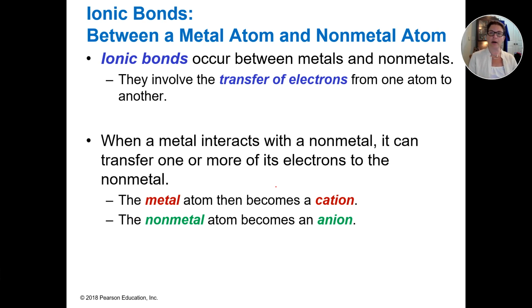So when ionic bonds come together, a metal, it's always the metal, gives up the electron, and therefore it becomes positively charged, and we call that a cation. Nonmetals always take those electrons, they gain those electrons, we call them anions, and they become negatively charged.